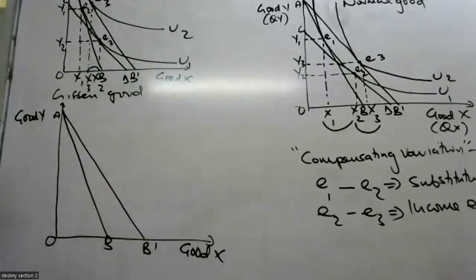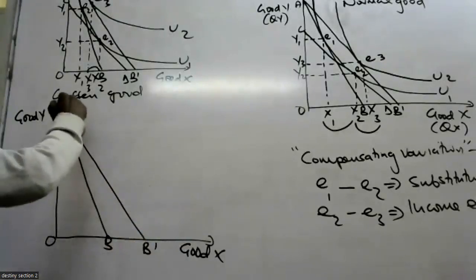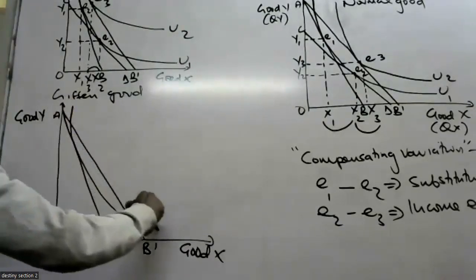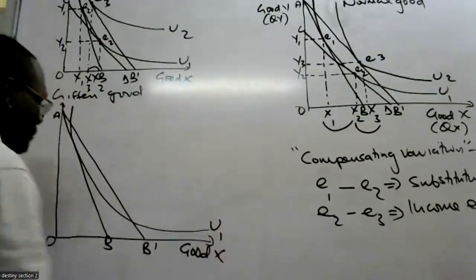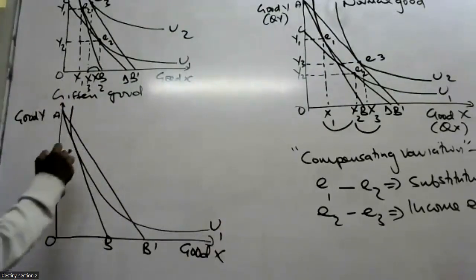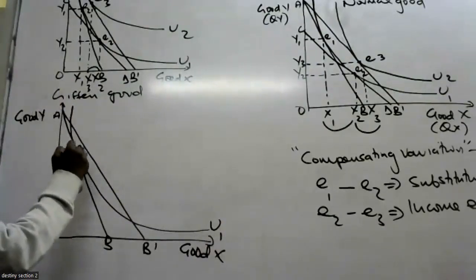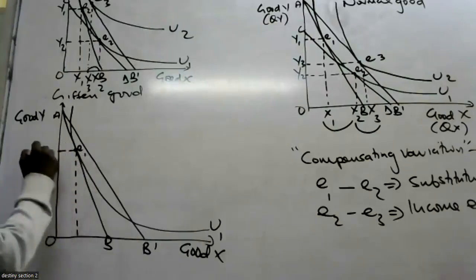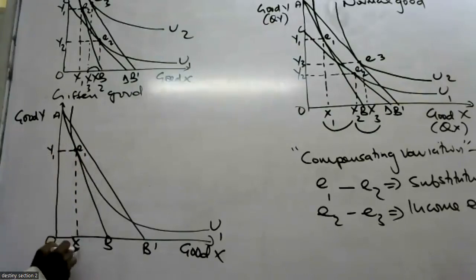AB prime. Indifference curve U1, the same. So it comes, touches that curve, comes below here, U1. The first point here is the first equilibrium point, the same. Y1, X1. I want to introduce the substitution effect.